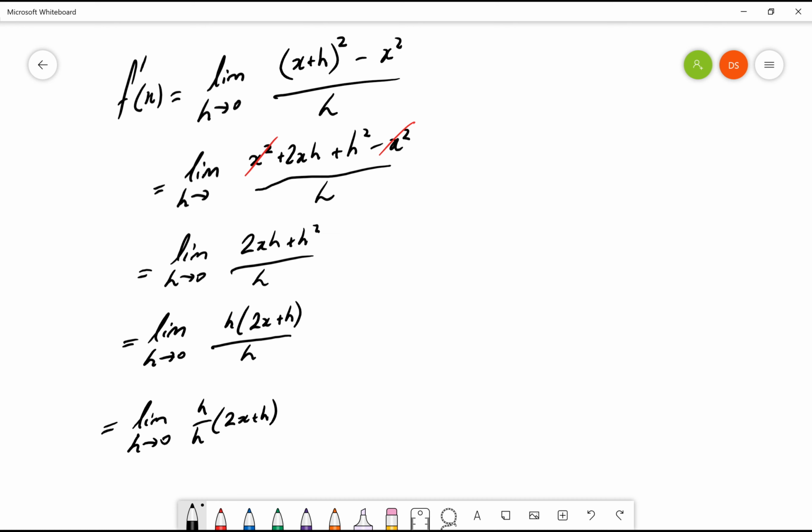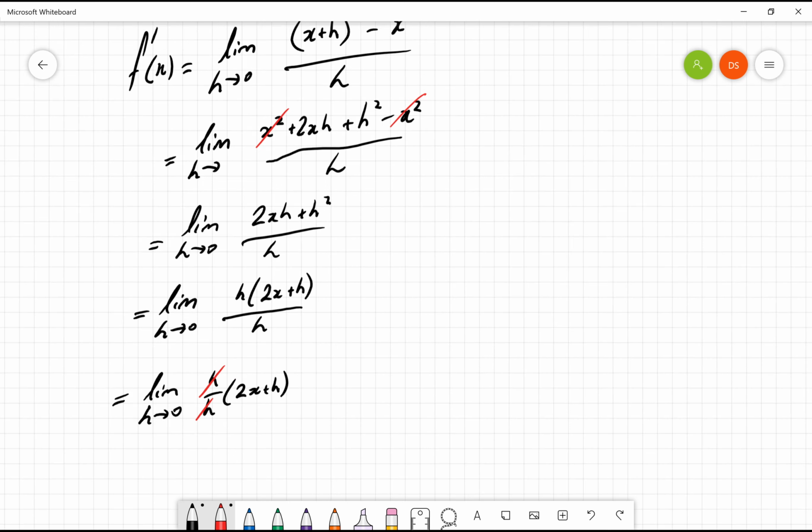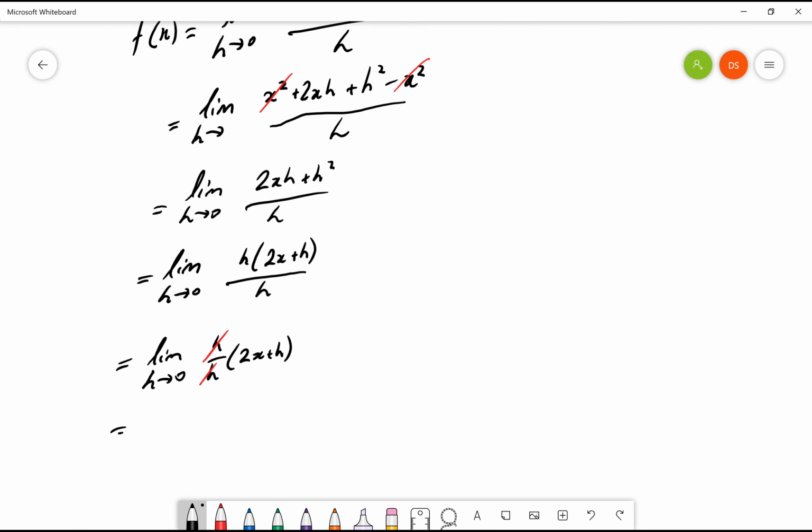And this h over h is not 0 yet. So since it's not 0 and it's only approaching 0, they're the same, I can cancel. And so now I'm left with limit as h tends to 0 of 2x plus h.